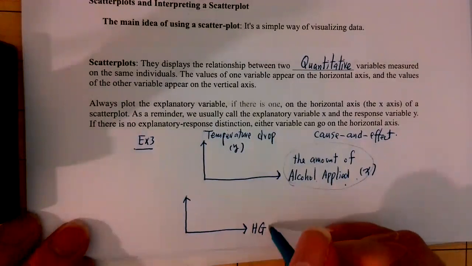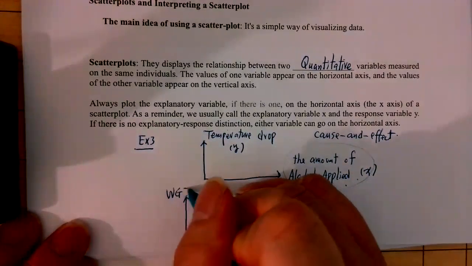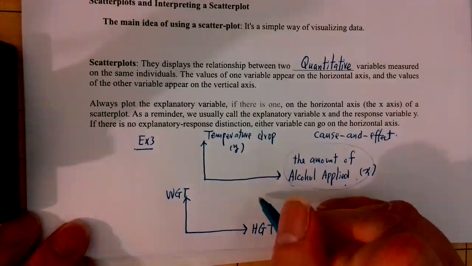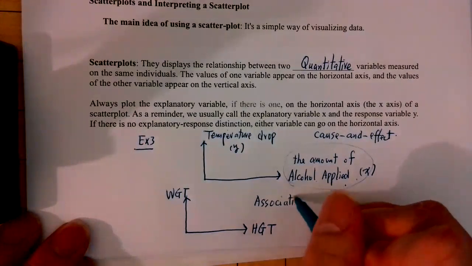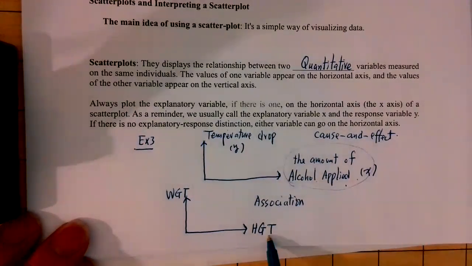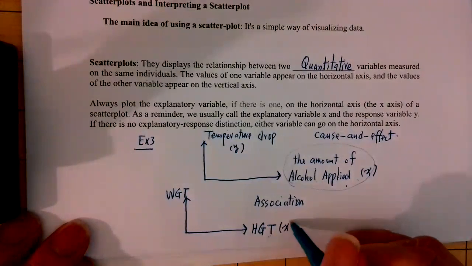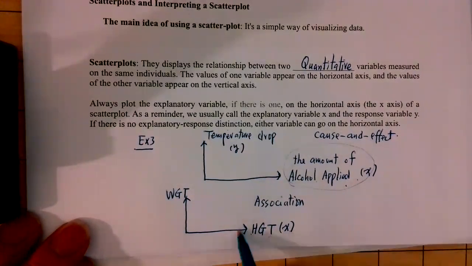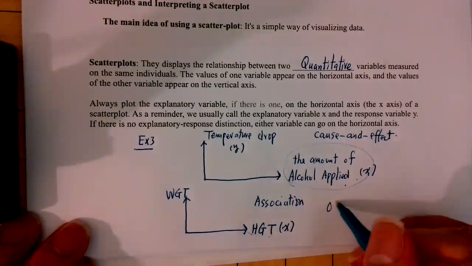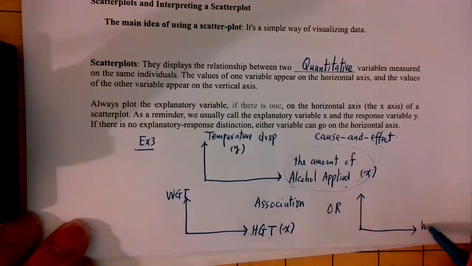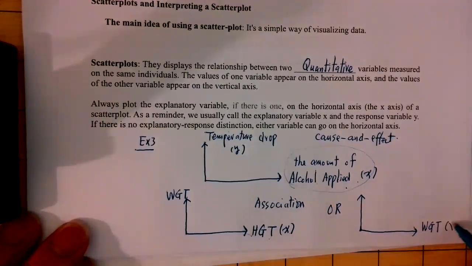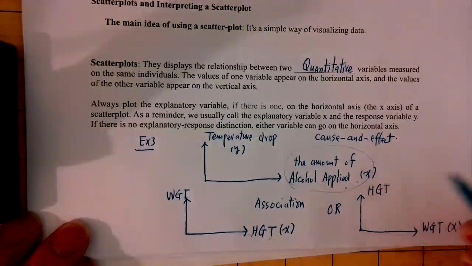Okay? Now, on the other hand, what's the relationship between height and weight? It's just what? It's just association. Since it's just association, either one can be on what? Horizontal axis. You can either call height the x and put in horizontal axis, or you can call weight x, put in horizontal axis, because there is no distinction between what?